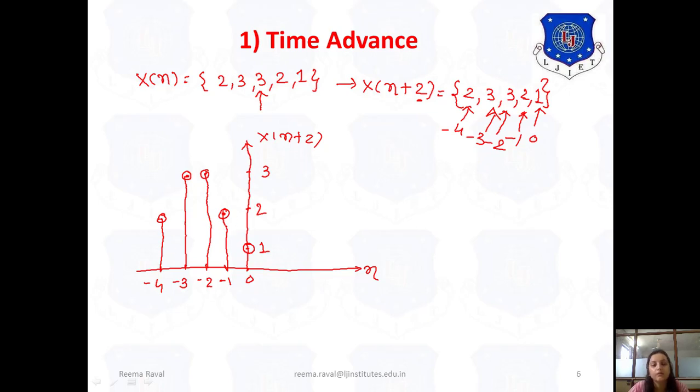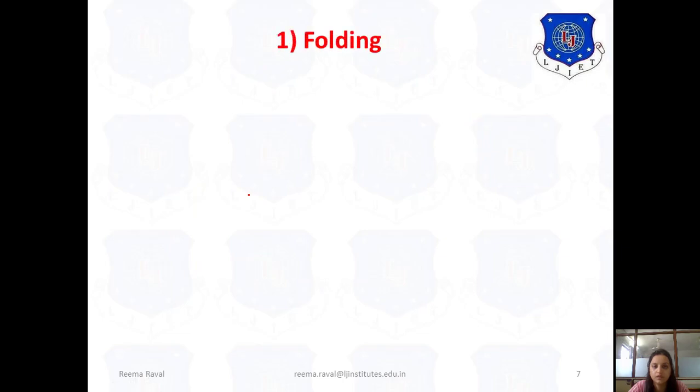That means if we have x of n, this advanced signal will send the signal in advance. This is time advance. Next is folding. What is folding?